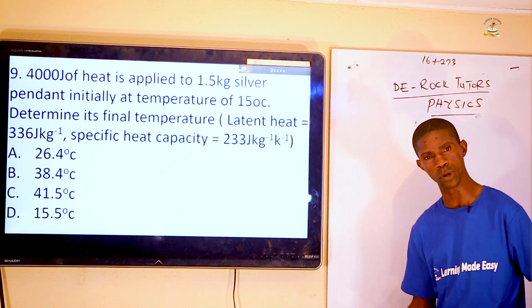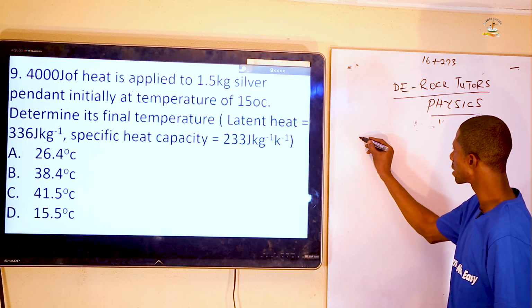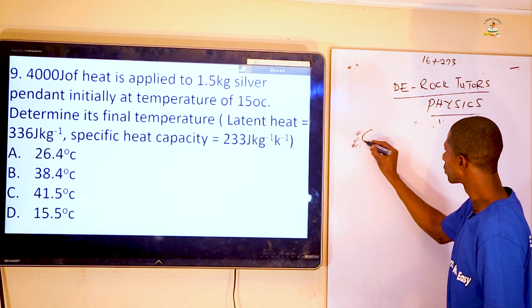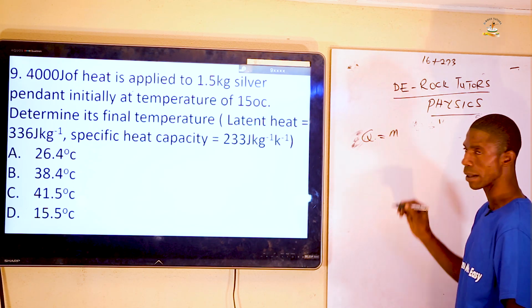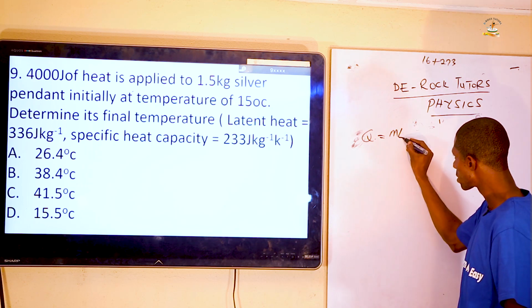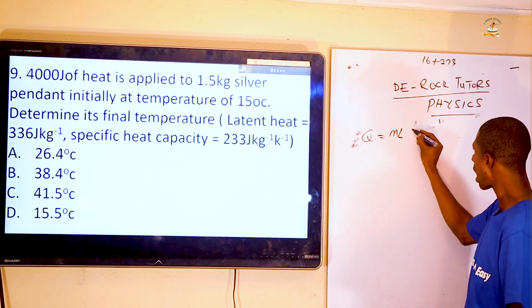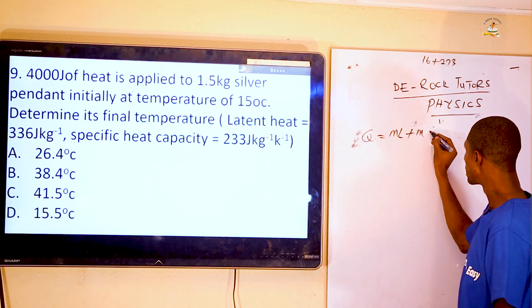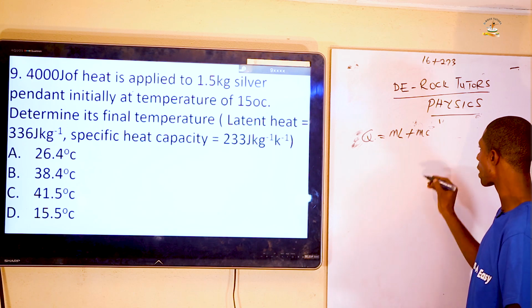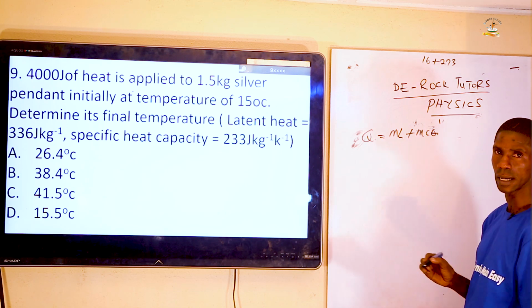So what I will have to do here, the heat, the energy now, the energy given. So the mass will still remain, then the latent heat, L. So I will also have the mass now also given for the specific heat capacity, C, then the temperature rise.